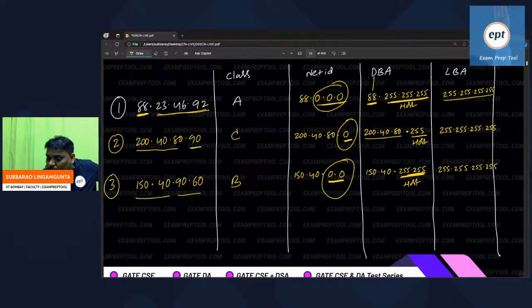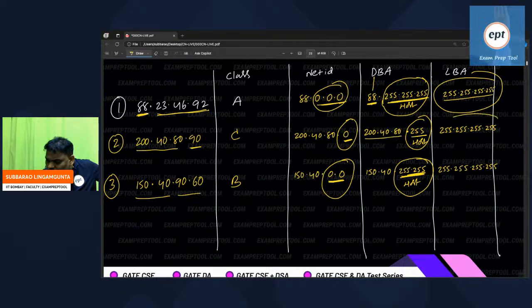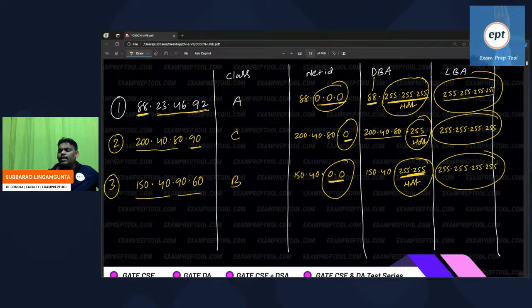Similarly, host part all ones, DBA. See everything all ones, LBA.